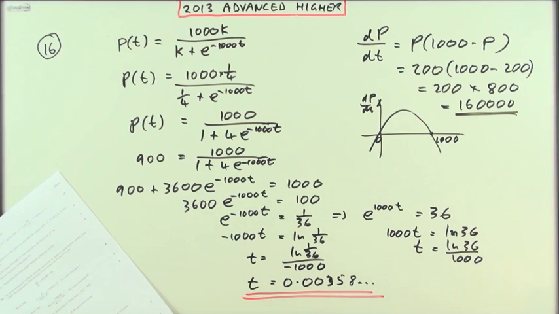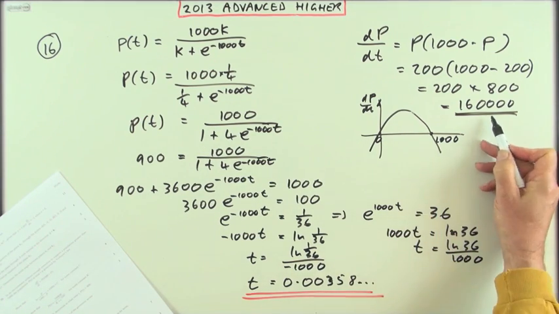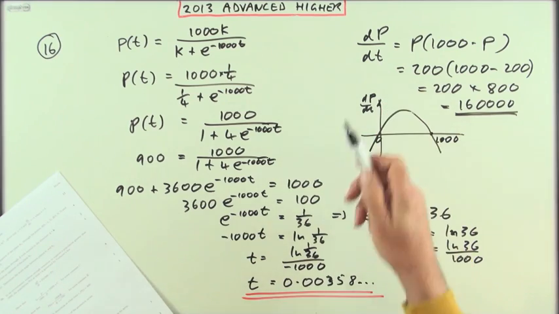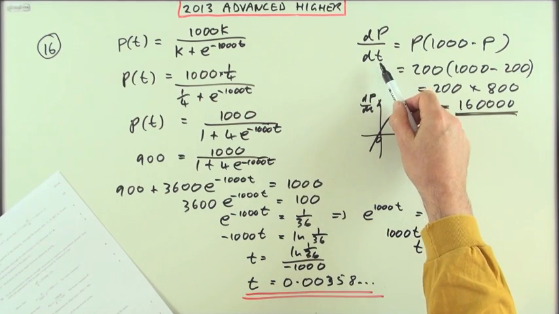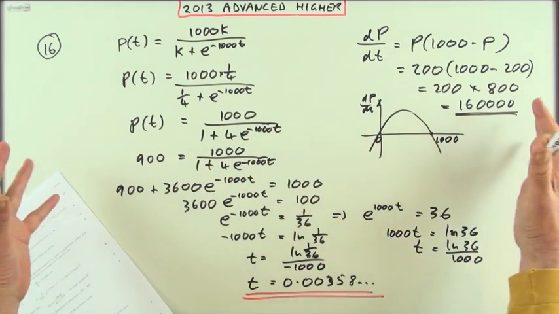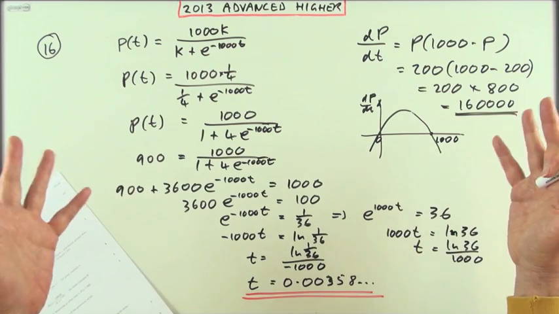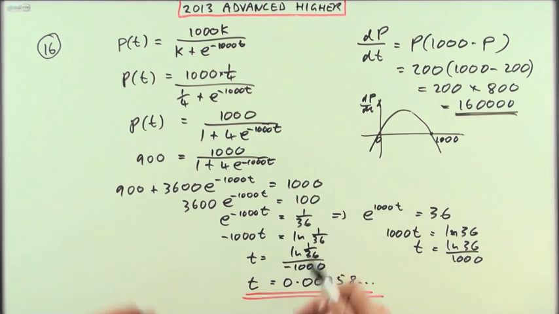That's 160,000 biological units, whatever they are, per unit of time. And that can't possibly be right if the time is meant to be something like minutes or years. It must be that this time interval, whatever t stands for, is some huge amount, like the lifetime of the ecosystem, the lifetime of the planet. I do not know. I just know that this is a very unsatisfactory answer here, but it is the answer to that equation.